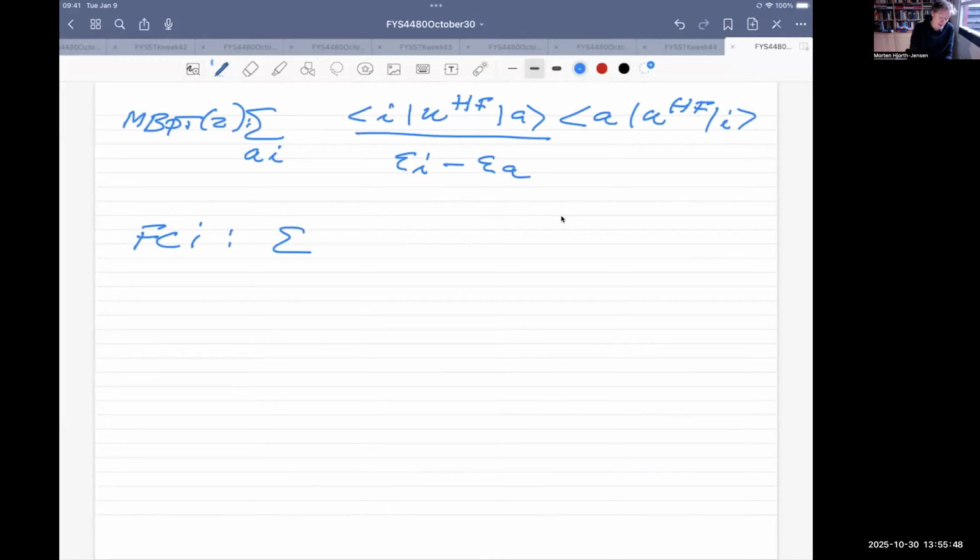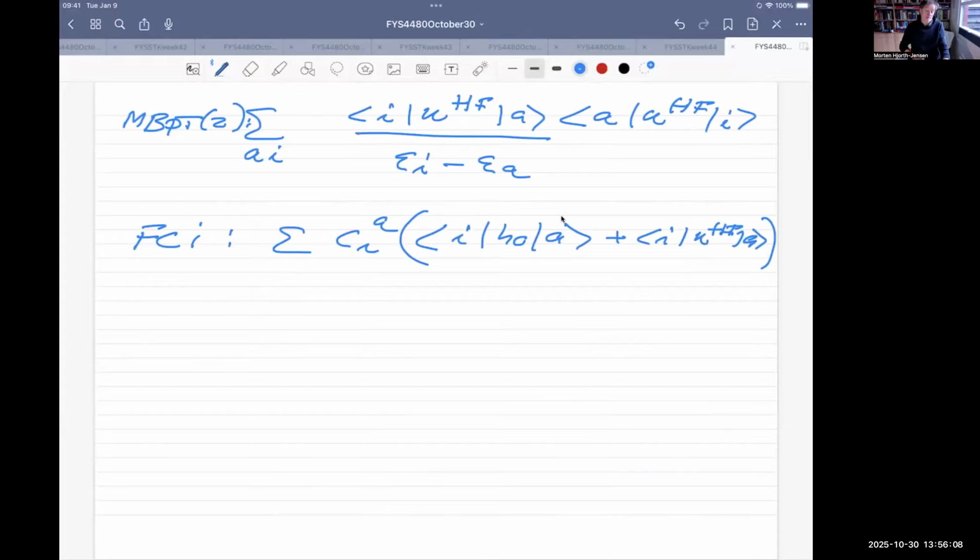And the FCI term is a CIA. And here I would have the I of H0 times A plus the I of H-I of A, like that. Now, what we often do now is that we assume that H0 multiplied with A could be an eigenstate of H0.